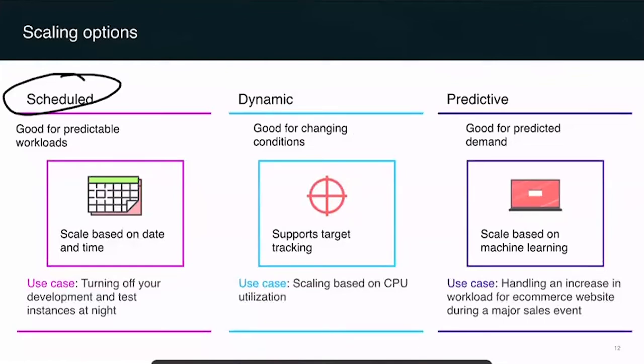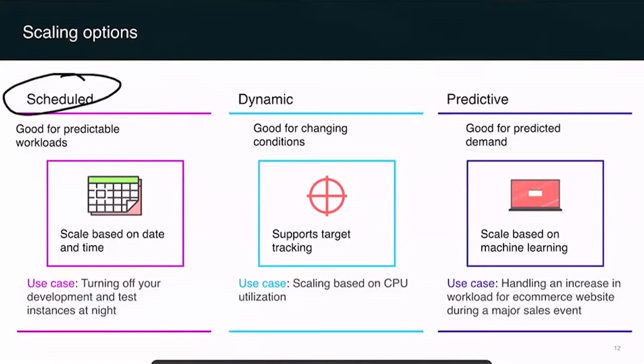There are multiple scaling options in AWS. The first one is scheduled scaling, which is good for predictable workloads. If you have a customer and you know their workload, how large their customer base is, and who the end users are, then you can use a scheduled option.